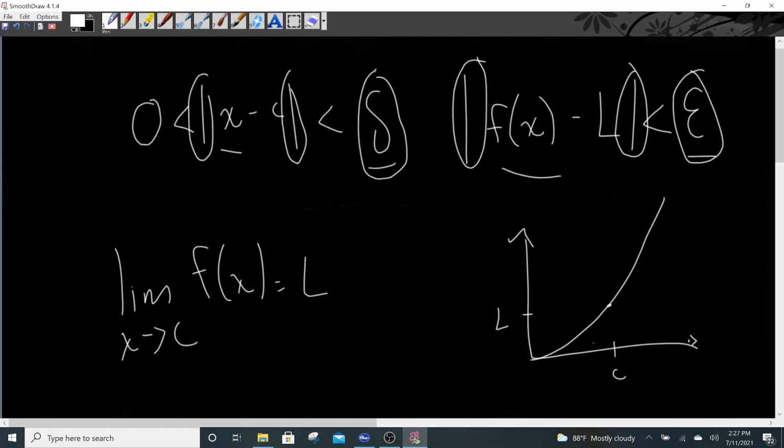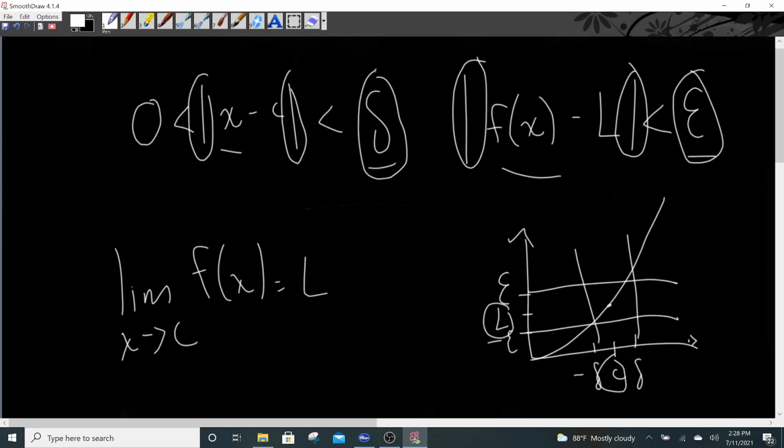There will be a negative delta and a positive delta, so we're going to write those, and we know that there will be a positive epsilon and a negative epsilon, and these are ranges of y values and x values that both c and L can fit into.